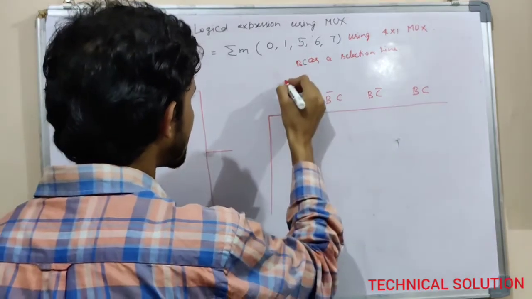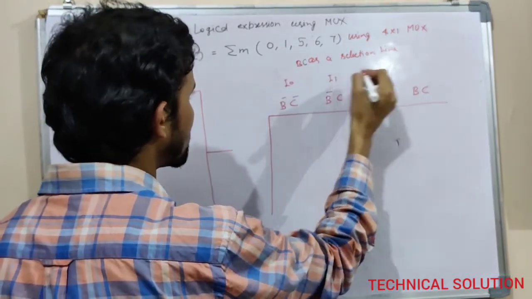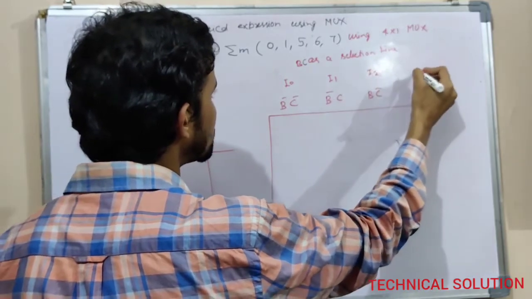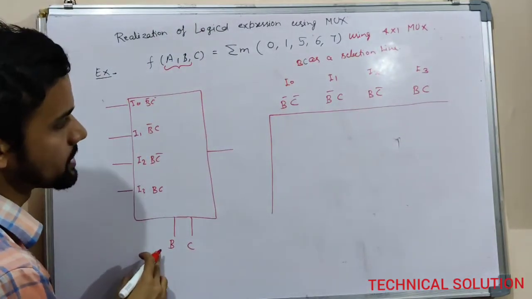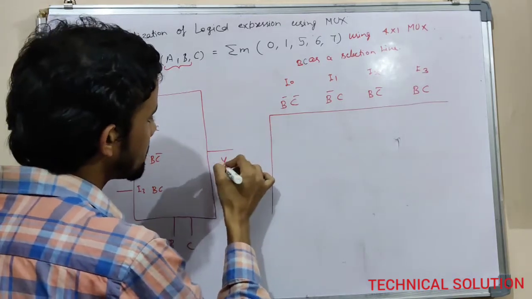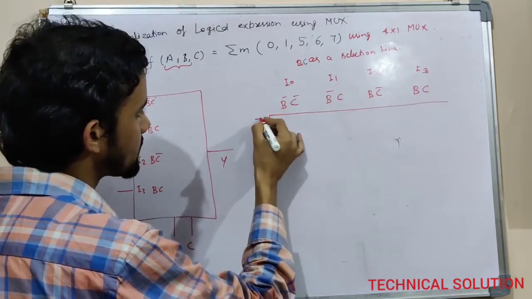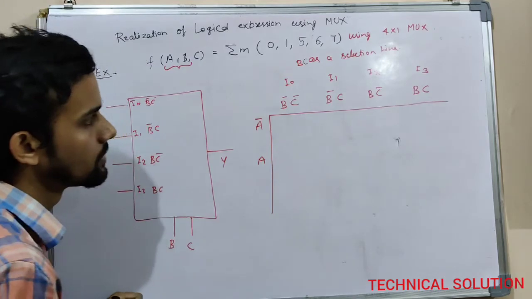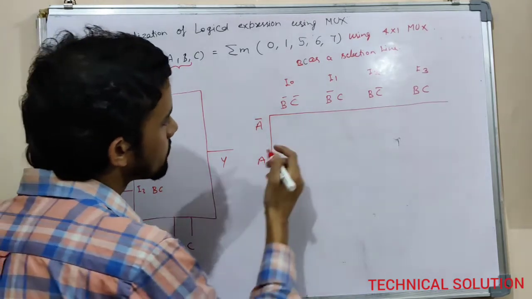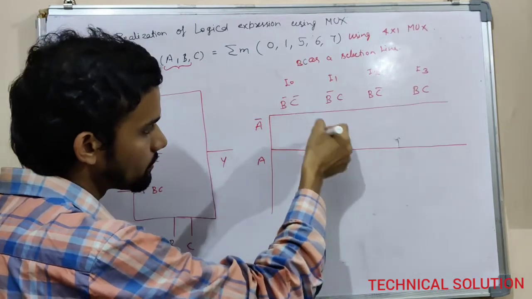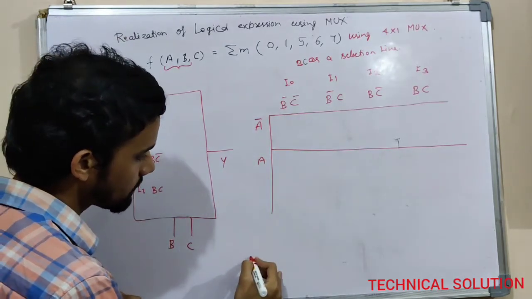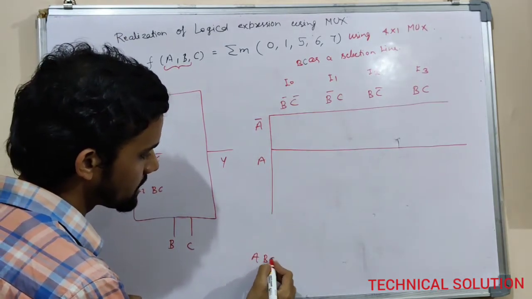Here A is not present, so this A must go on the input side, that is A bar and A. What I have to do is again put this A with all these A B C. The sequence of selection must be in A B C form.